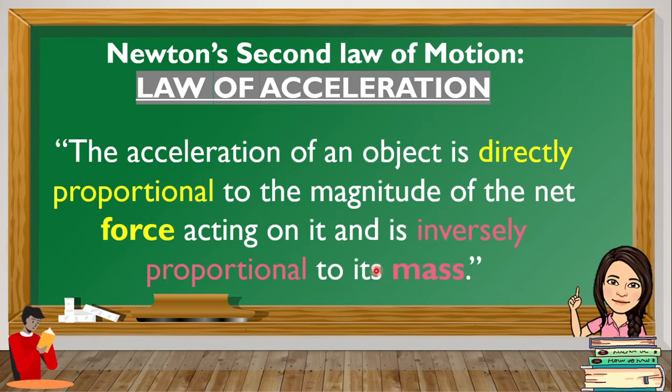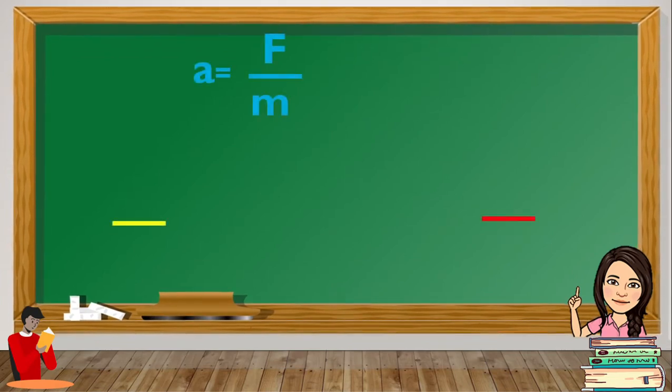As the mass of an object is increased, the acceleration of the object is decreased. This verbal statement can be expressed in equation form as follows. Acceleration is equal to the net force divided by the mass of an object.